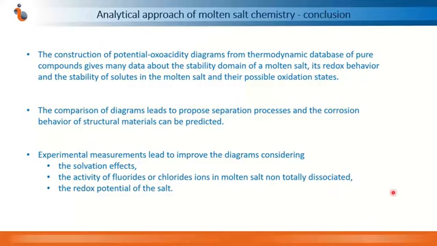When we know the oxidation states, we have a very good idea of the physical state of the elements. We have seen that the comparison of diagrams leads to proposed separation processes, and also we can predict the corrosion behavior of structural materials.